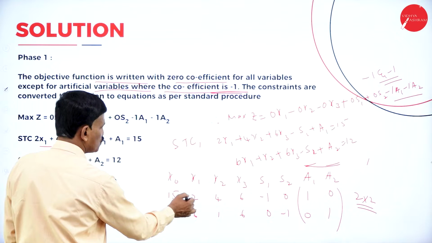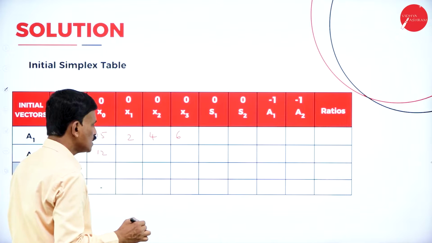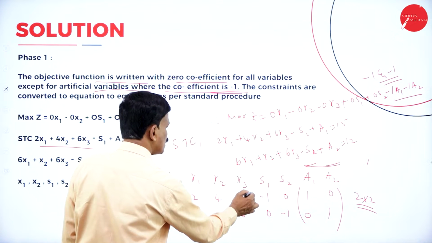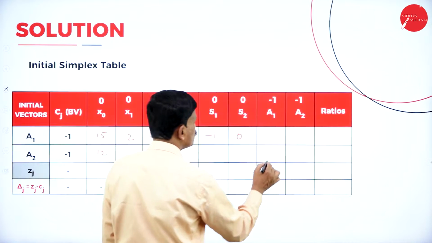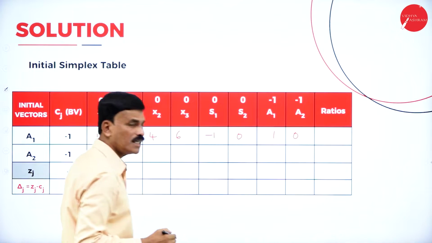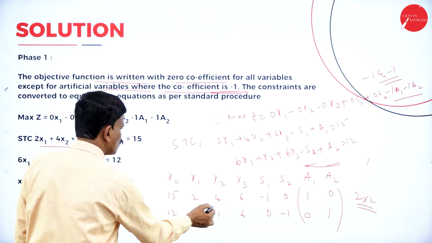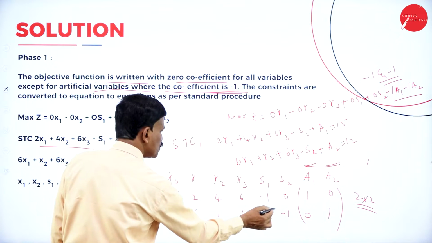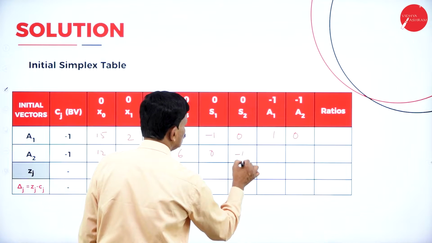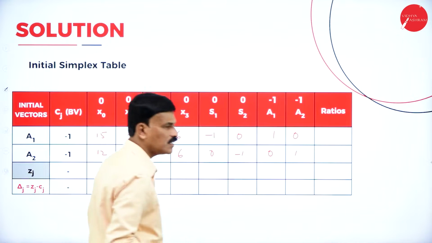In the first row we have 2, 4, 6, -1, 0, 1, 0. Similarly, in the second row, 6, 1, 6, 0, -1, 0, 1. So these are the values.